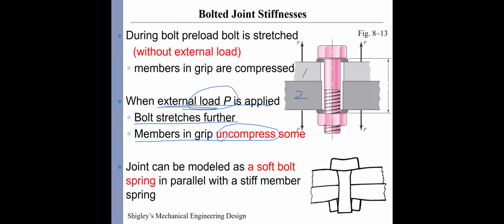And the joint can be modeled as a soft bolt spring in parallel with a stiffer member spring. Therefore, we can consider each component, like the bolt, the nut, and the members, with their own stiffness.